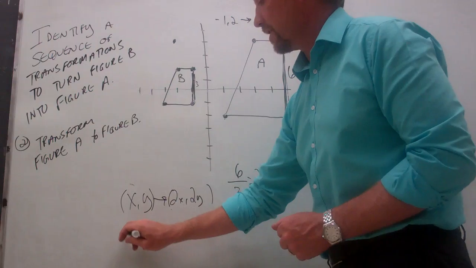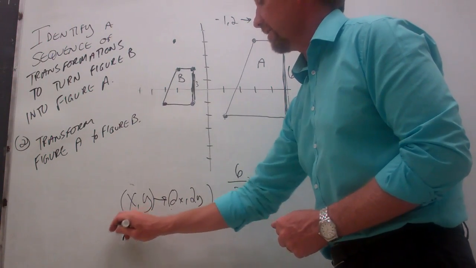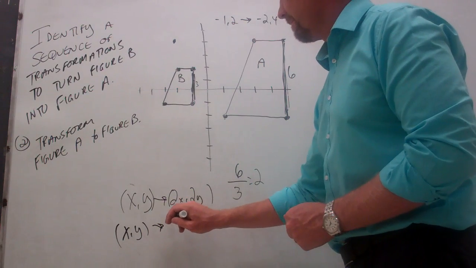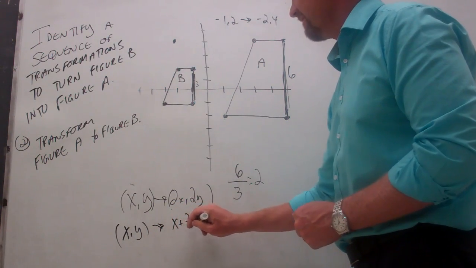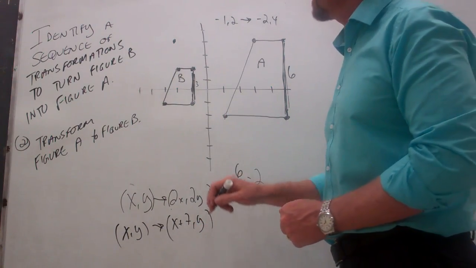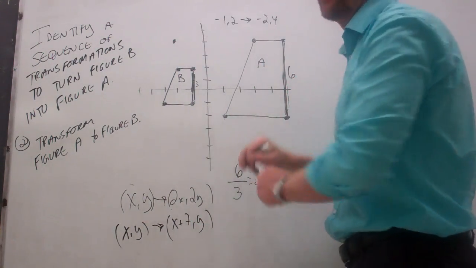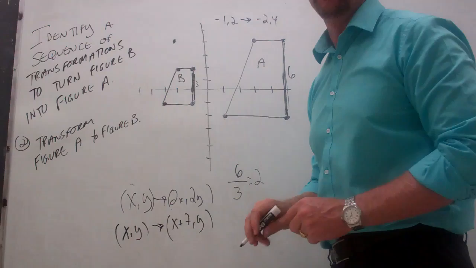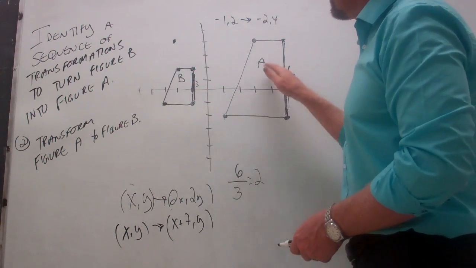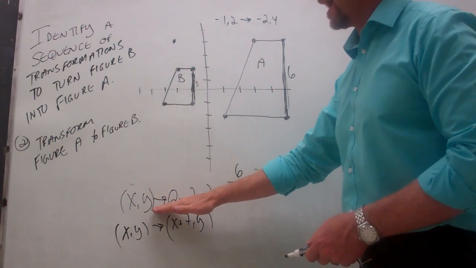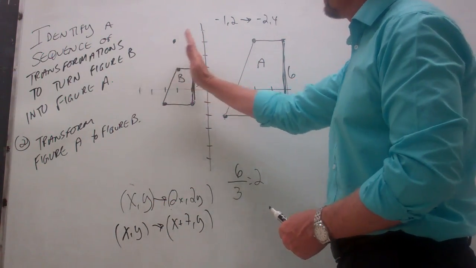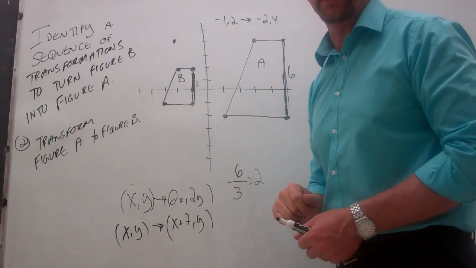So our next transformation would be, algebraically, (x, y) becomes (x + 7, y). We would add 7 to each one of the x coordinates to translate the trapezoid 7 units right. And that's how we could transform trapezoid B into trapezoid A. We would first dilate it by a scale factor of 2, make it twice as big, and then slide it 7 units to the right.